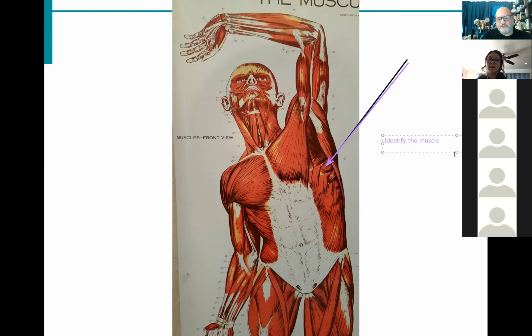What else? Identify the origin. What else? Identify the insertion of the muscle. And identify the action. Two actions, because this one has two actions. All right, four questions that I could ask with this.